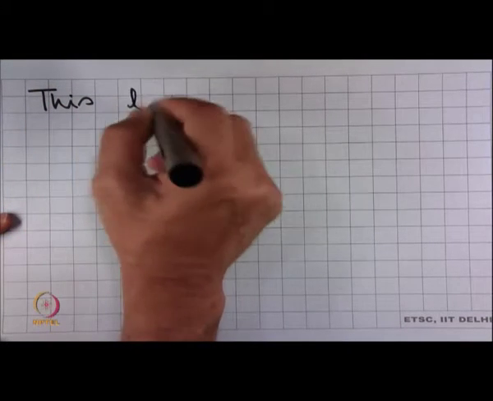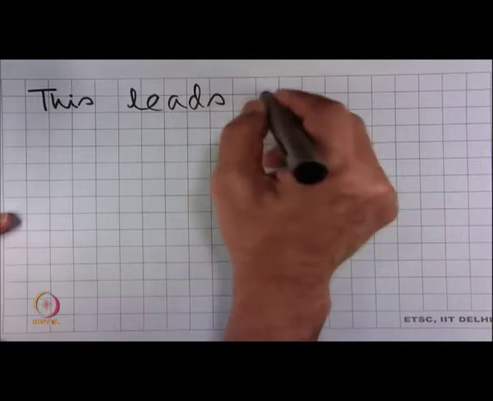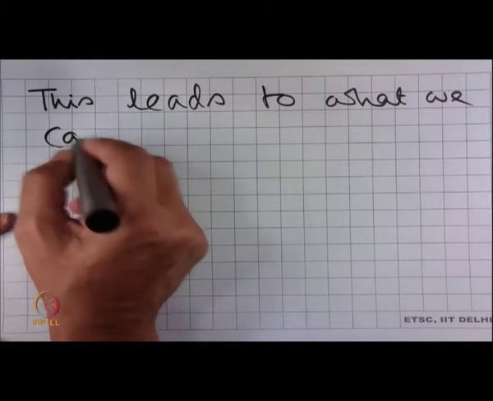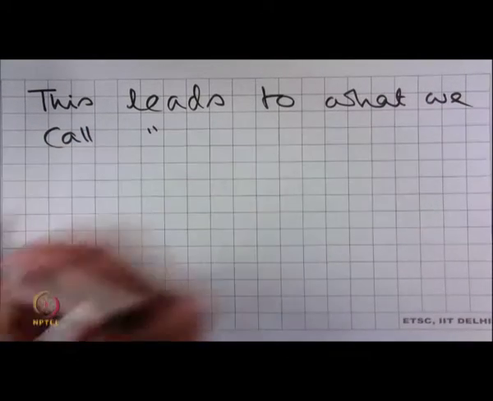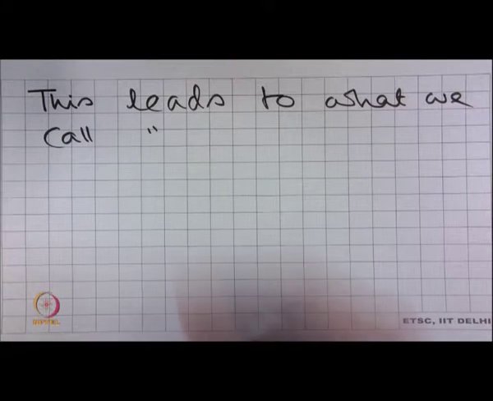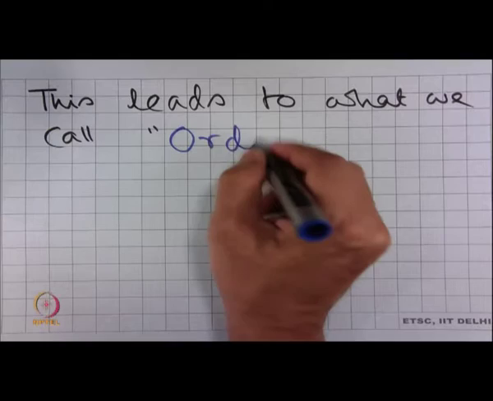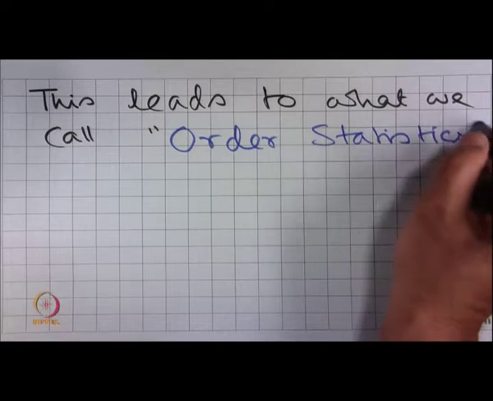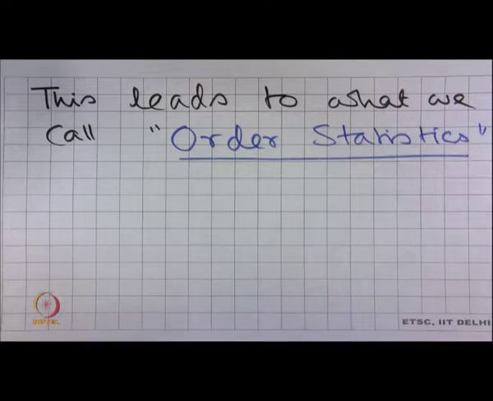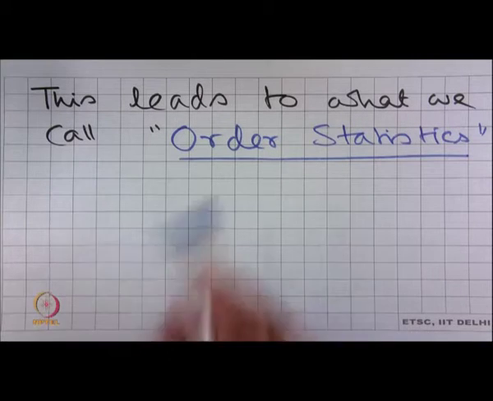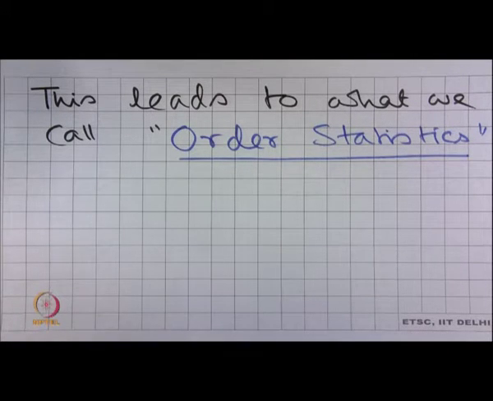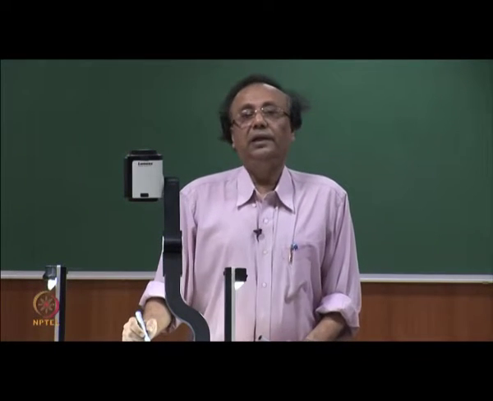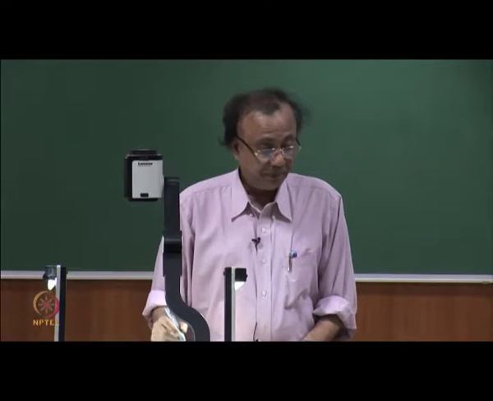So, this leads to what is called order statistic. As the name suggests, it is not only one statistic, but there are different statistics involved and they are based on the relative ordering of the values in the sample.